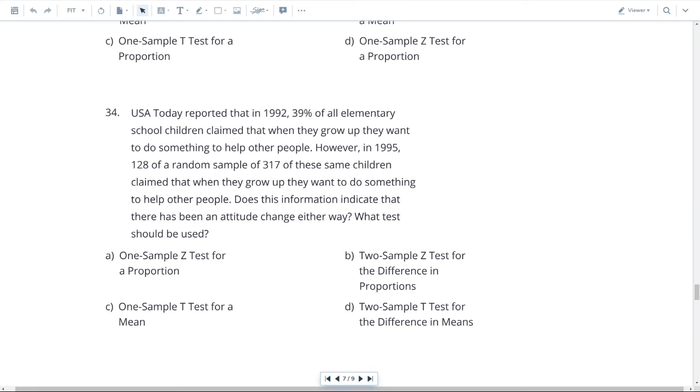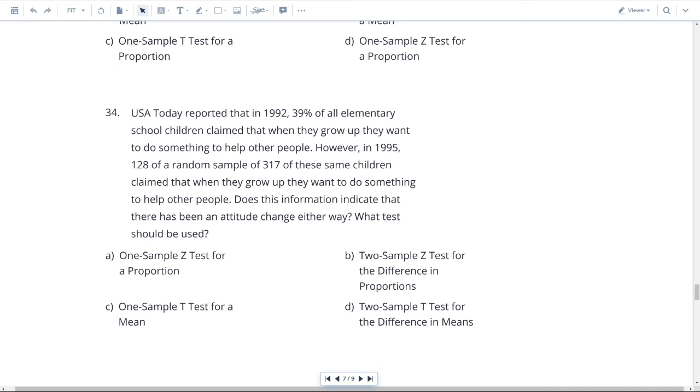Which test should be used? Most of you said 2 sample Z. 50% of you said 2 sample Z. Okay, you tell me, what's the sample size in 1992? What's the fraction that got you 39% in 1992?